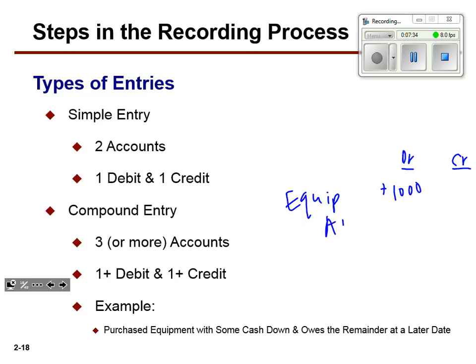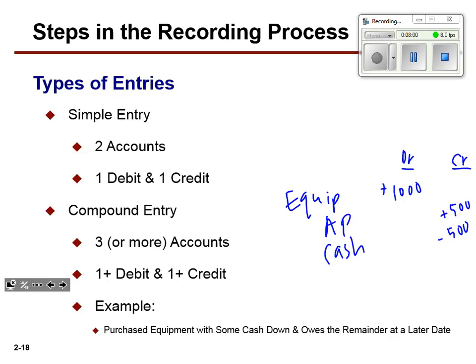So then that's an AP credit of, let's say, we put 500 down. Cash is going to go down by 500. AP is going to go up by 500. Does 1,000 equal 500 plus 500? Yes. So that's a compound entry because, like what Jenna just asked, could it be 2 debits and a credit? Yes. In this case, it's 1 debit and 2 credits.